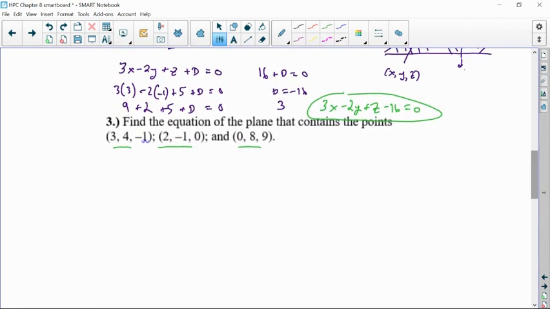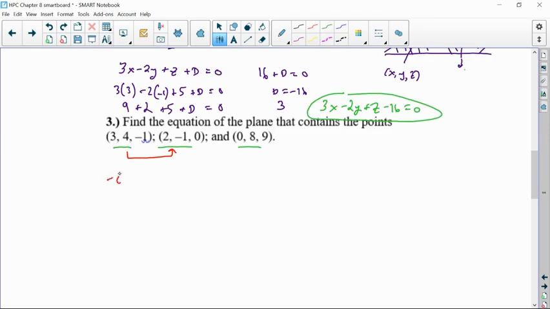Now, it doesn't matter which direction you go in terms of points, but you want to make 2 vectors. So how do I get from this point to, let's say, this point? What takes me from point A to point B? Look at your x component: 3 went down a unit to 2. So it's just like a position vector.